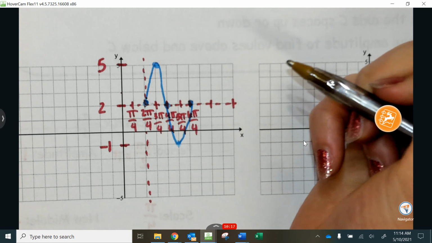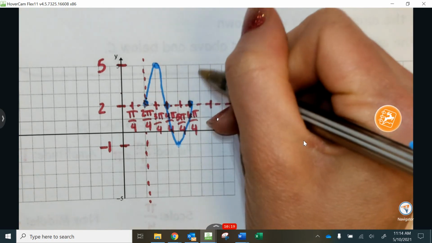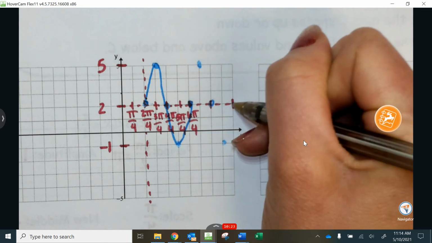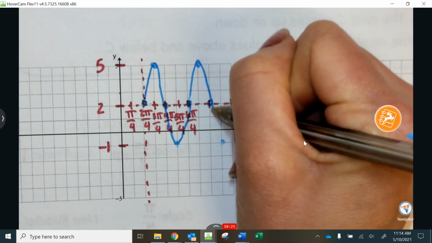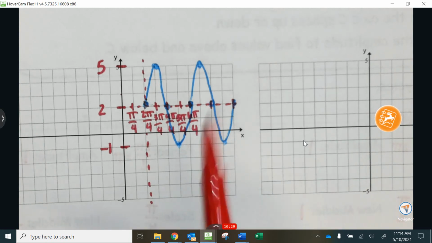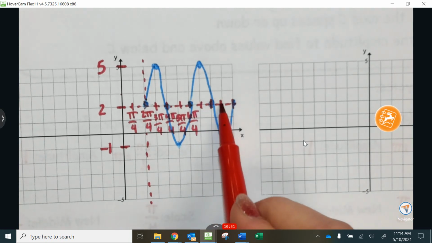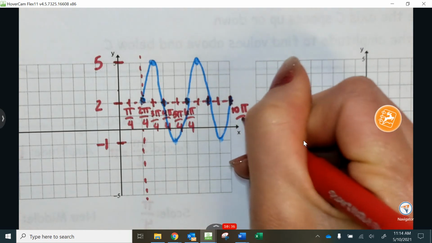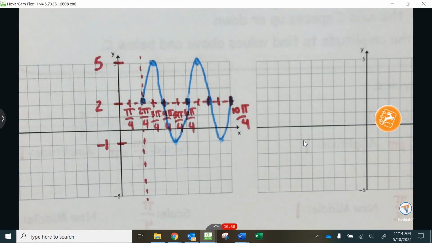So all the differences between 1 cycle and 2 is literally this. And all you would have to do is 6, 7, 8, 9, and 10 pi over 4. So it just gets a little bit tricky when they're so small and trying to get all those little 2 pi over 4, 3 pi over 4 all in there.